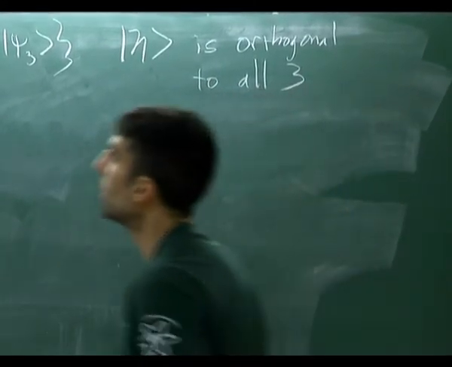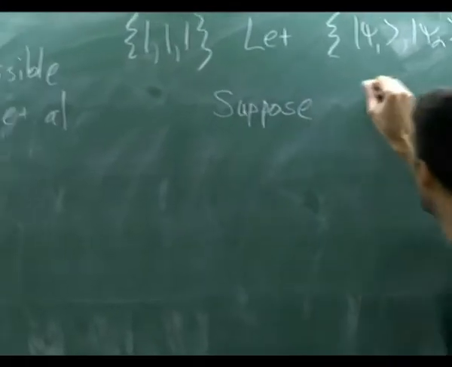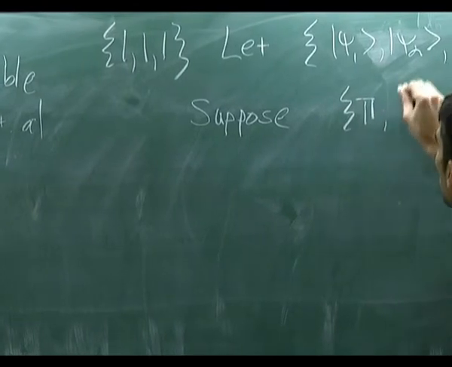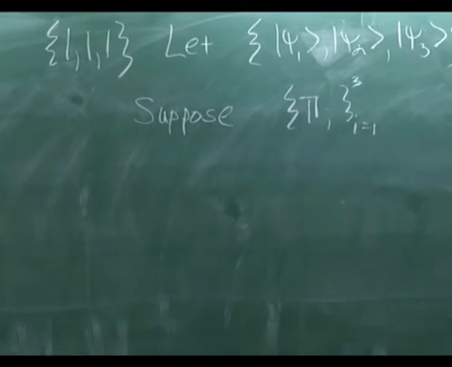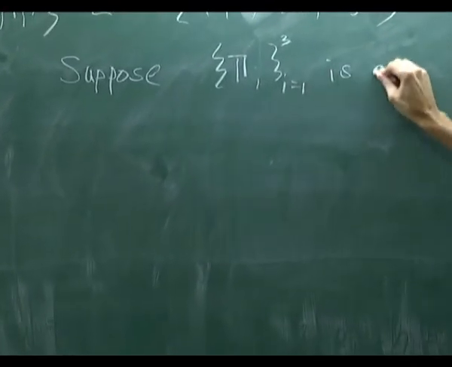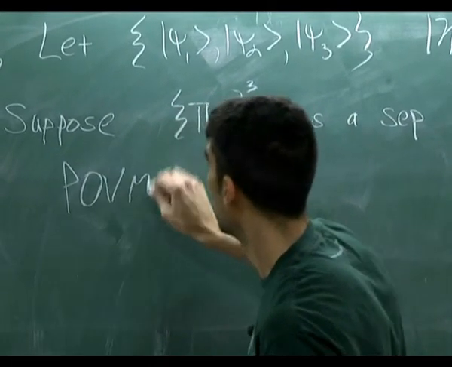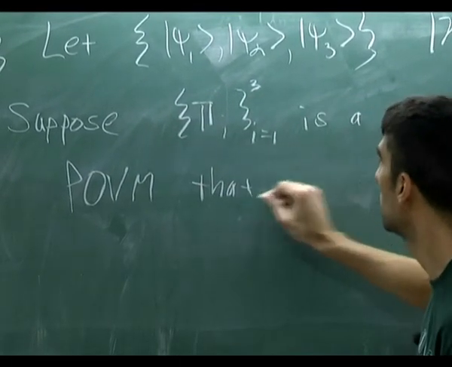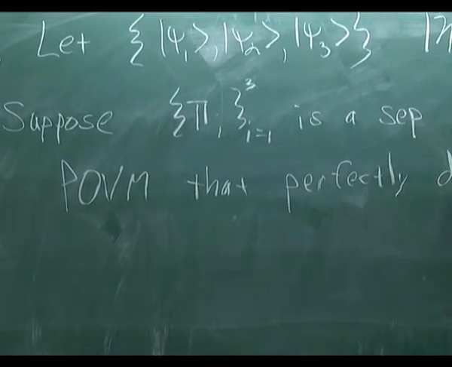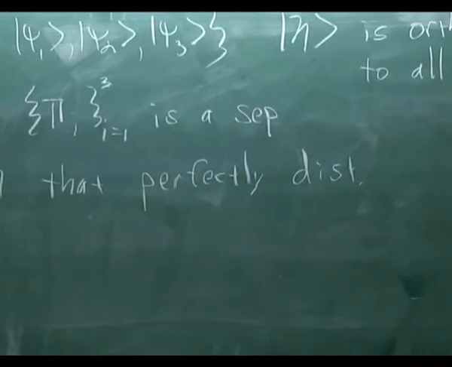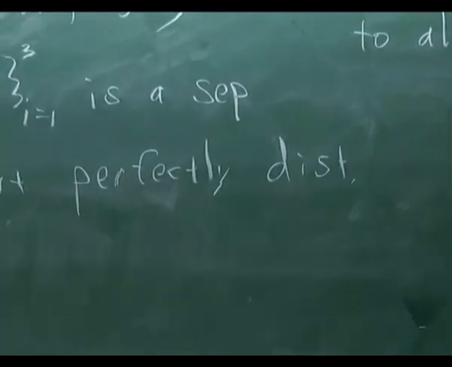Okay, so suppose that we have some separable POVM that perfectly distinguishes. Now, what does this mean? What must the pi i look like?